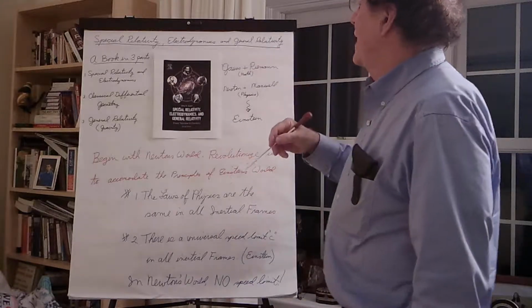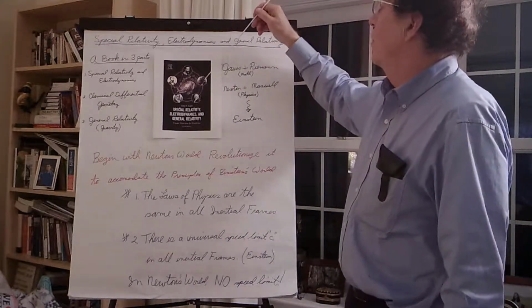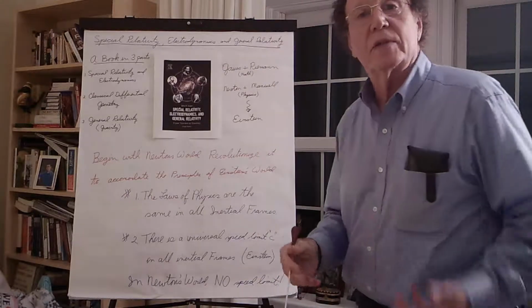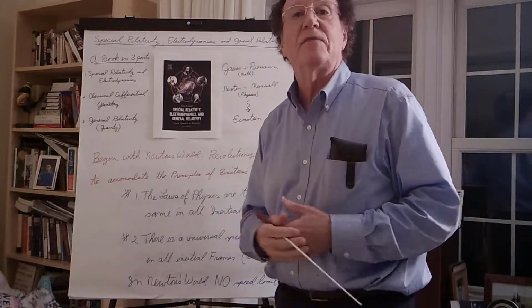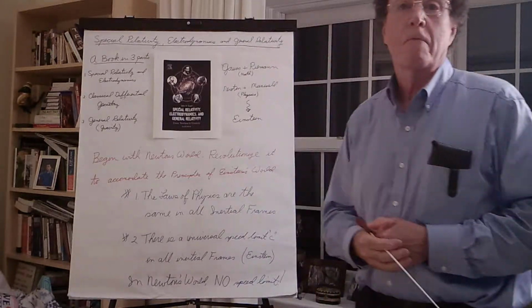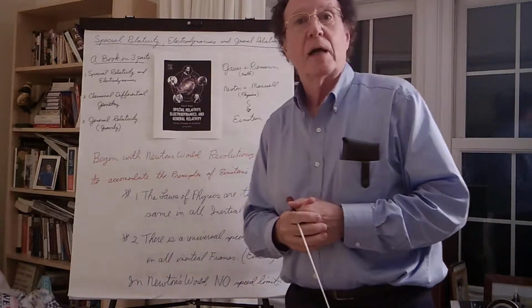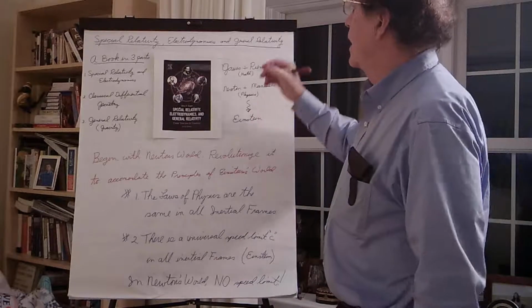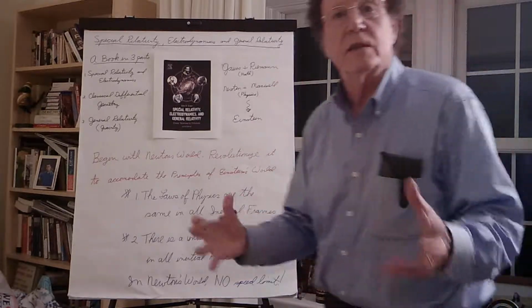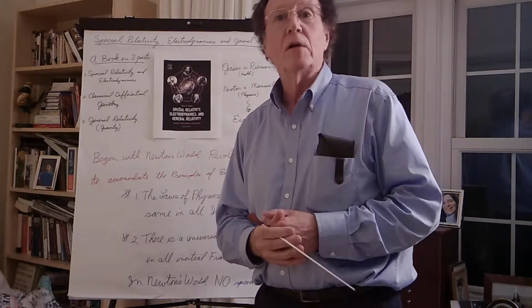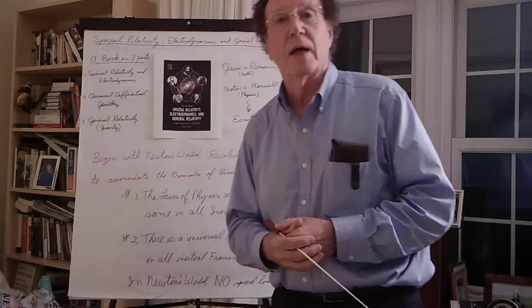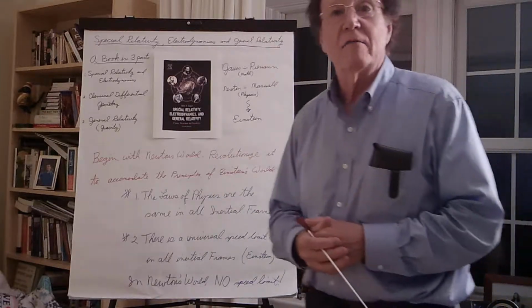So Einstein, at the top, was faced with some contradictions in physics in his day. We're thinking about the times of the turn of the century, 1900. The ideas of Newton were very successful, led to all sorts of predictions that were very accurate.